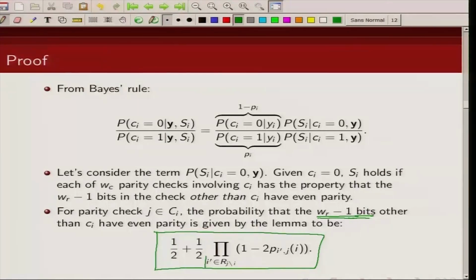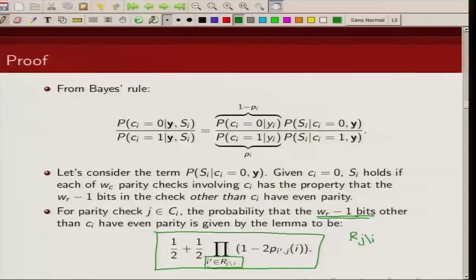Now, pay close attention to this. This is 1 minus 2 pk. Now, what are the bits that we are considering? What will Rj tell us? Rj will tell us the jth parity check equation, and Rj minus i, where i is the Ci bit involved, and this is minus i.